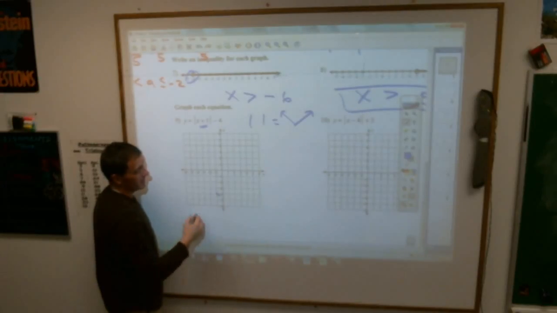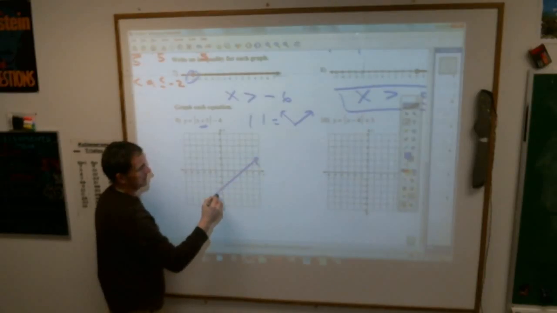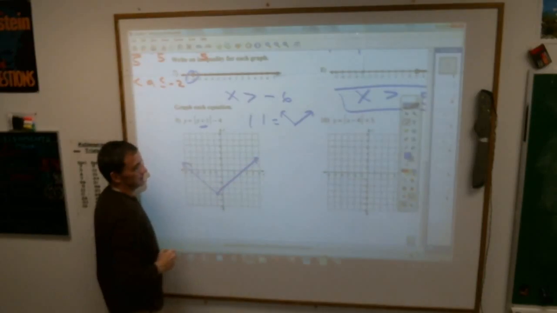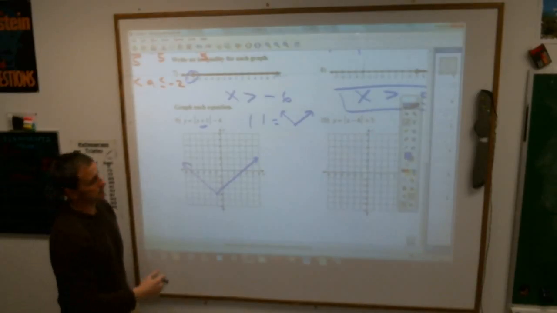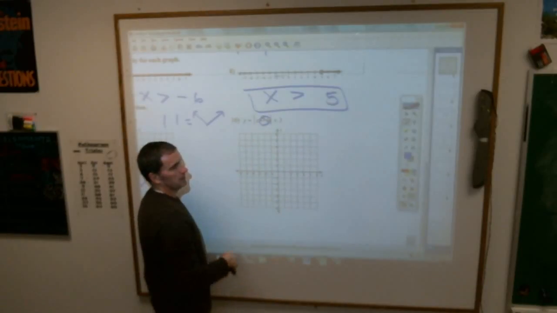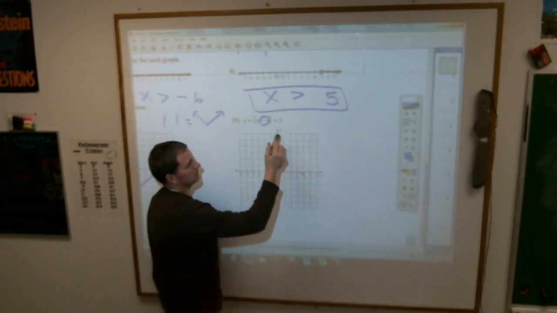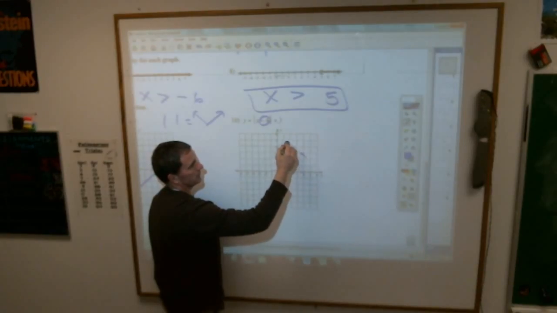That's all you need to plot because you know it's going to go off like this and like this. Nothing more needs to be plotted there. This one here, not left 4 but right 4, up 3. 1, 2, 3. And there again is the point.